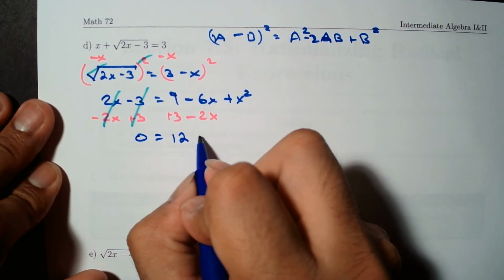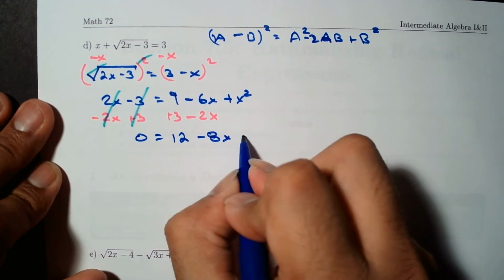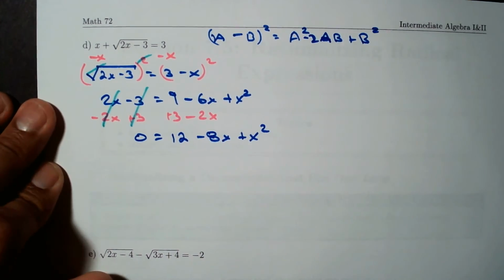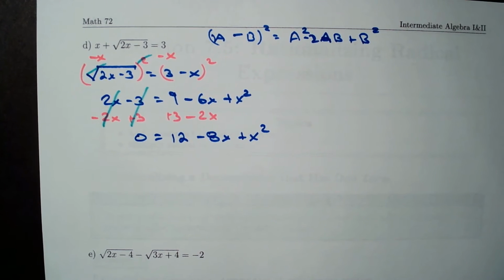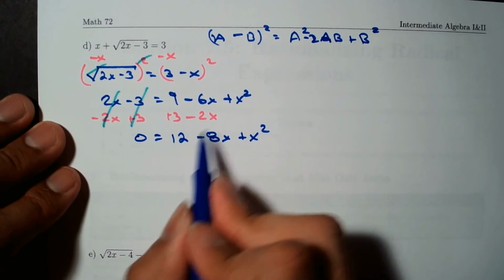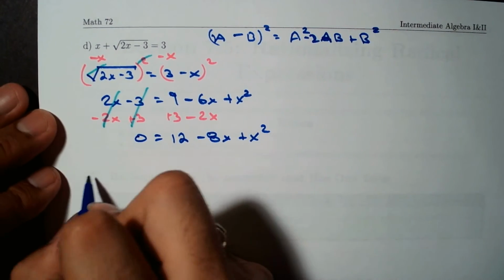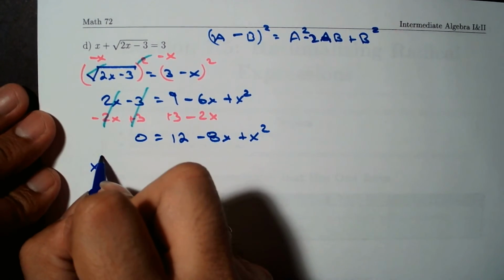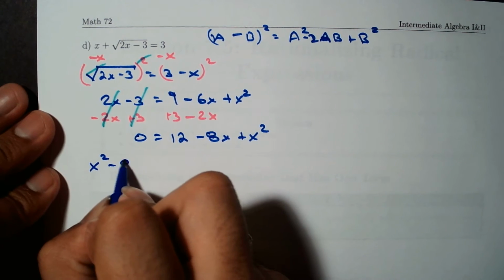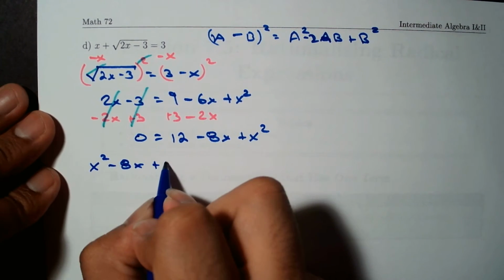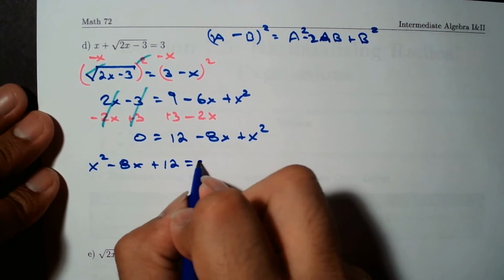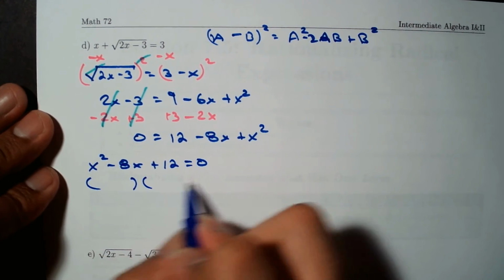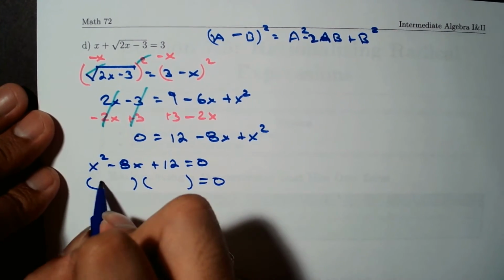Negative 6 minus 2 is negative 8x, plus x squared. That's not the standard way to solve a polynomial equation. We want everything on the left-hand side, written in descending order of powers, set equal to 0.